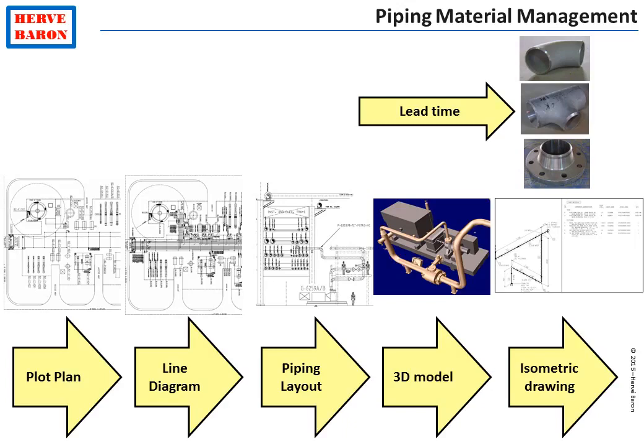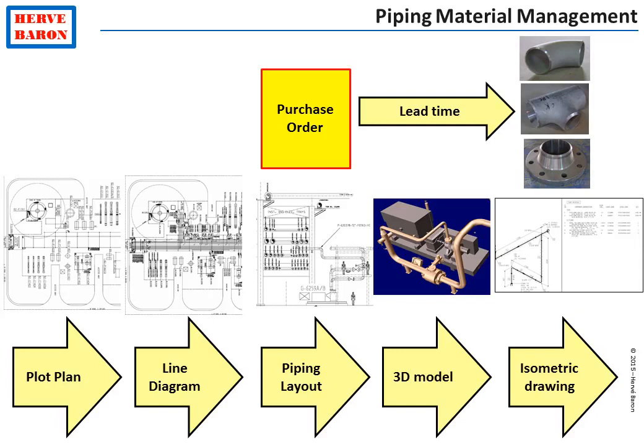Therefore, they cannot be ordered on the basis of the bill of material shown on the construction drawing, on the isometric drawings. They have to be ordered much earlier. Therefore, one must produce an early list of piping materials.